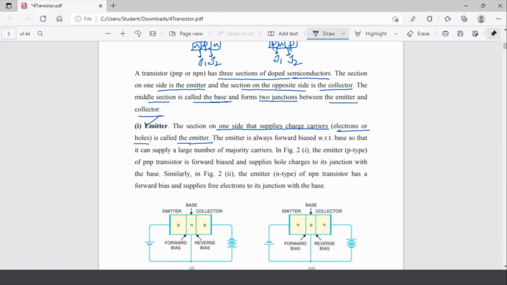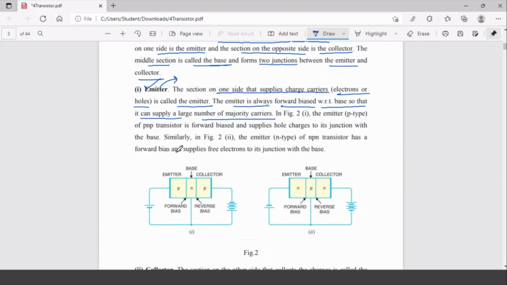You should always remember that this emitter region is always forward bias with respect to the base region. It is always kept in the forward bias condition so that it can supply a large number of majority carriers. Since the name itself is emitter, right? What does emitter mean? That it is emitting, releasing or supplying charge carriers, which may be either positive, that is holes, or negative, in terms of electrons.